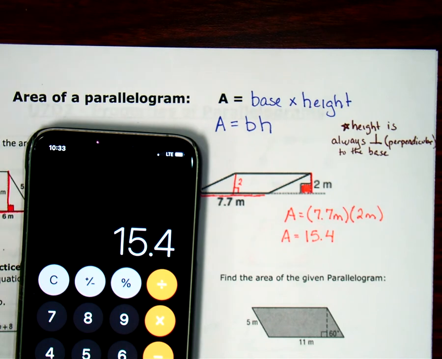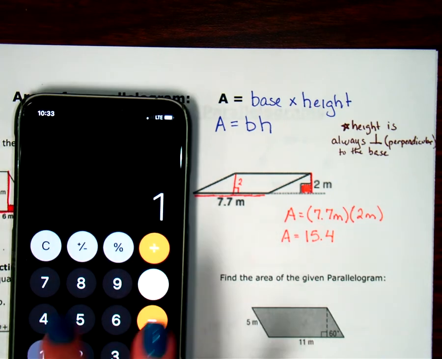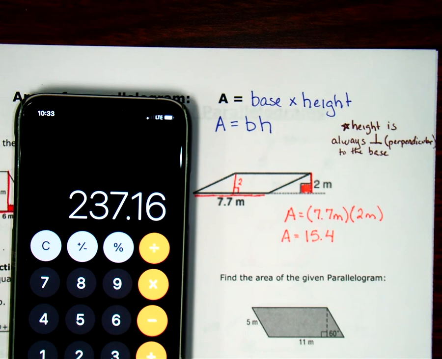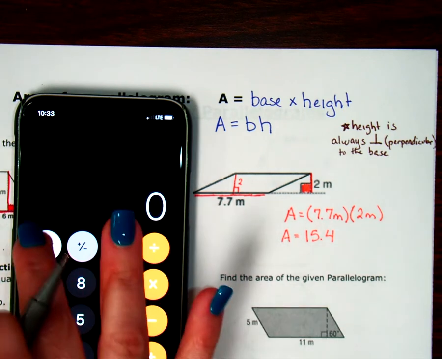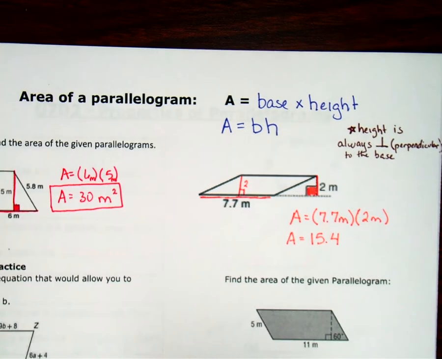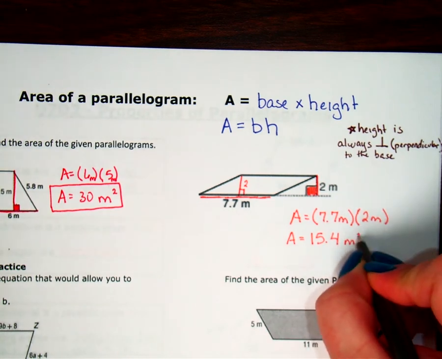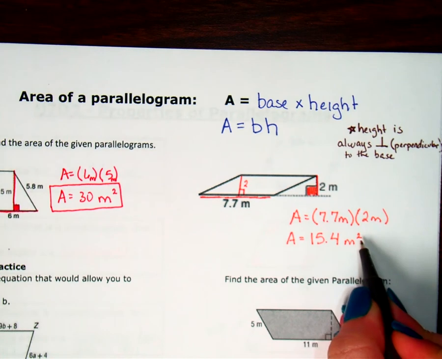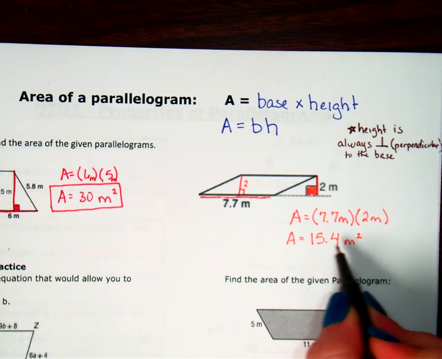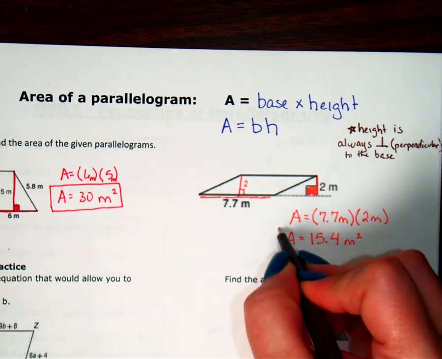And remember, if I put the square on the 15.4, that's essentially 237.16. That is not my answer. My answer is 15.4, and then I write meters squared, because meters times meters is meters squared. Again, the square is describing the type of meters. It's not affecting this number.